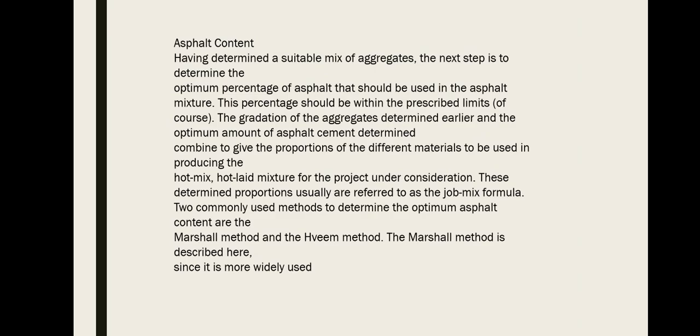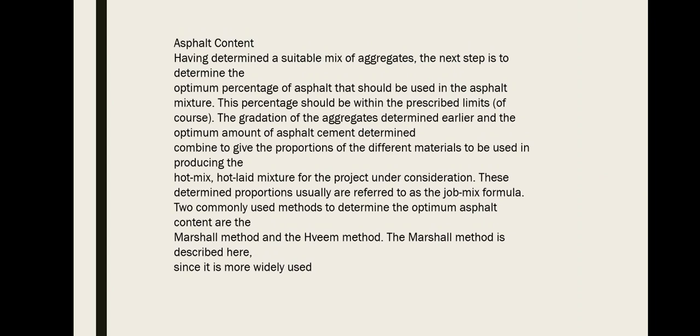Asphalt content. Having determined a suitable mix aggregate, the next step is to determine the optimum percentage of asphalt that could be used in the asphalt mixture. This percentage should be within the prescribed limits, of course.